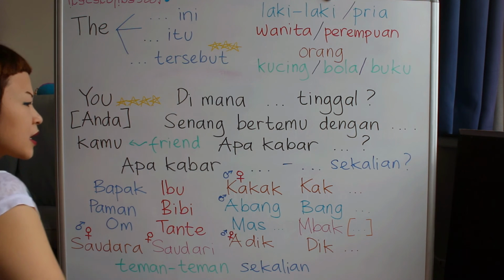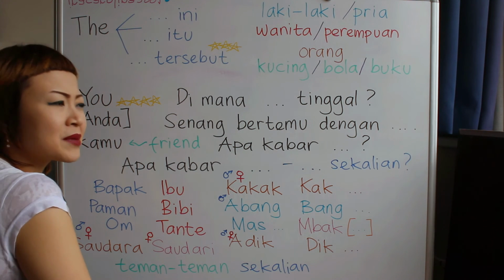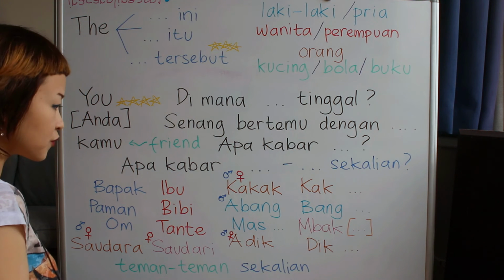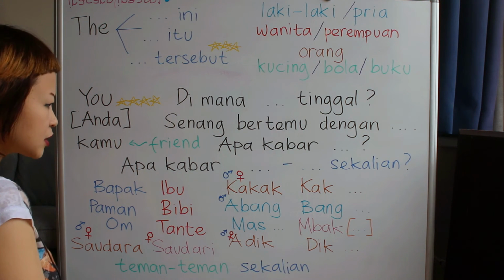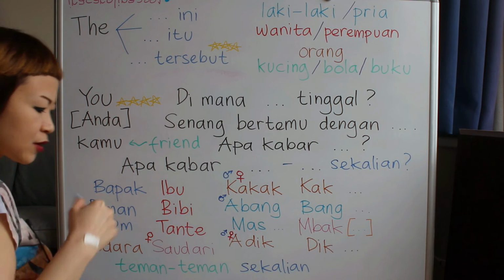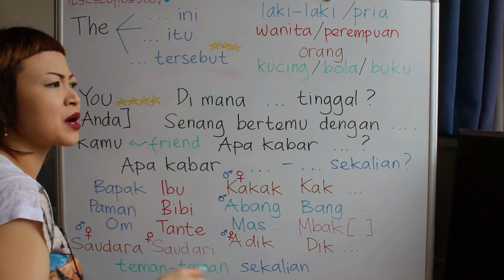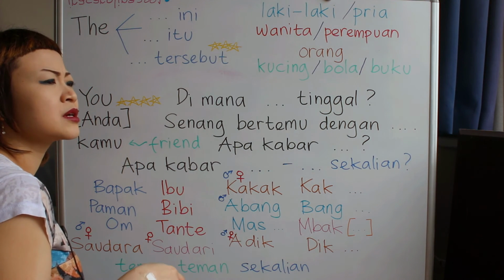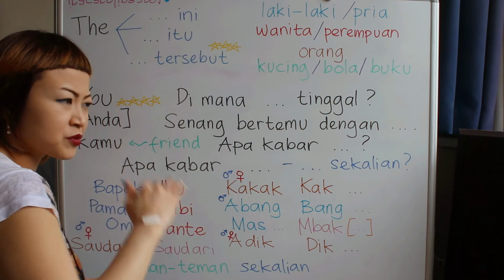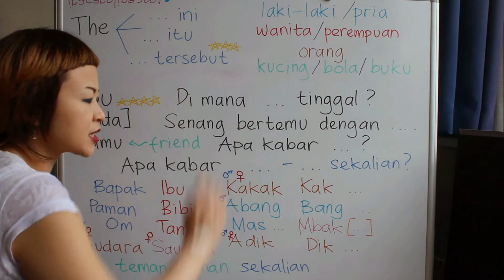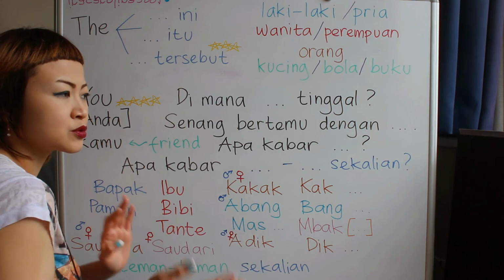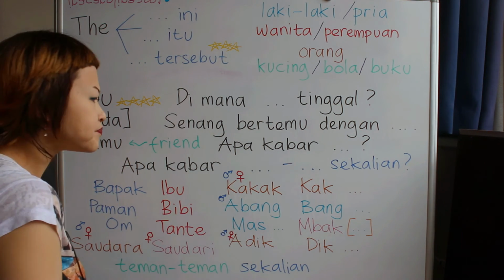Now, if it's a formal and also daily occasion, not so formal, and that person is older than us, let's say older by 1 month, 4 months, 5 months. In Indonesian, you have to respect the hierarchy of junior and senior. So we always try to find out who's older and who's younger.